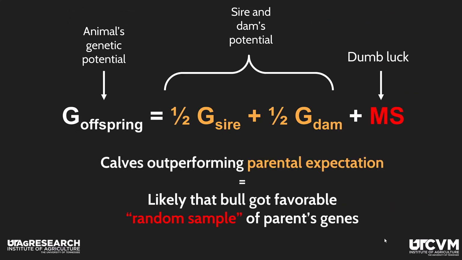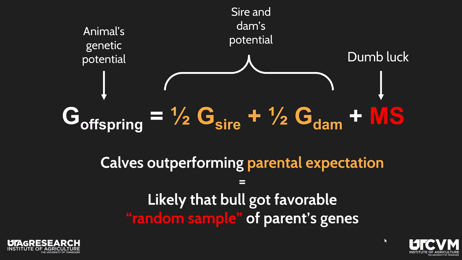Again here, the idea is that you've got this parental expectation, right? This is our parent average in EPDs. If we've got a bunch of calves out of a bull and they're consistently overperforming this parent average, what that in reality is helping us do is estimate this Mendelian sampling, right? This is saying that this bull probably got a good random sample of genes from his parents, and he's going to be more likely to be genetically superior and pass down that genetically favorable inheritance to his offspring, right?